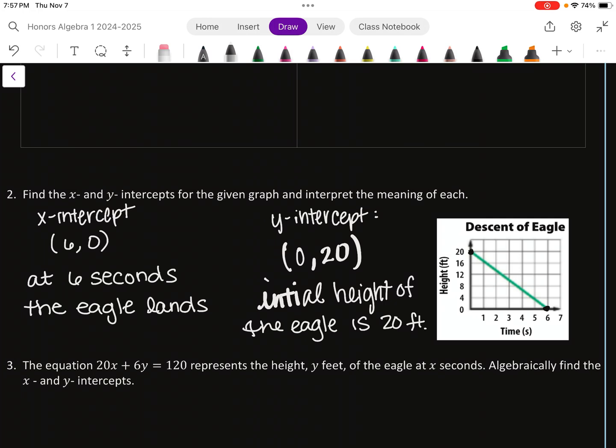We also interpreted it as at 0 seconds the eagle was 20 feet in the air. That's fine. Even with the x-intercept, you could have said at 0 seconds, the eagle was at 0 feet, right?